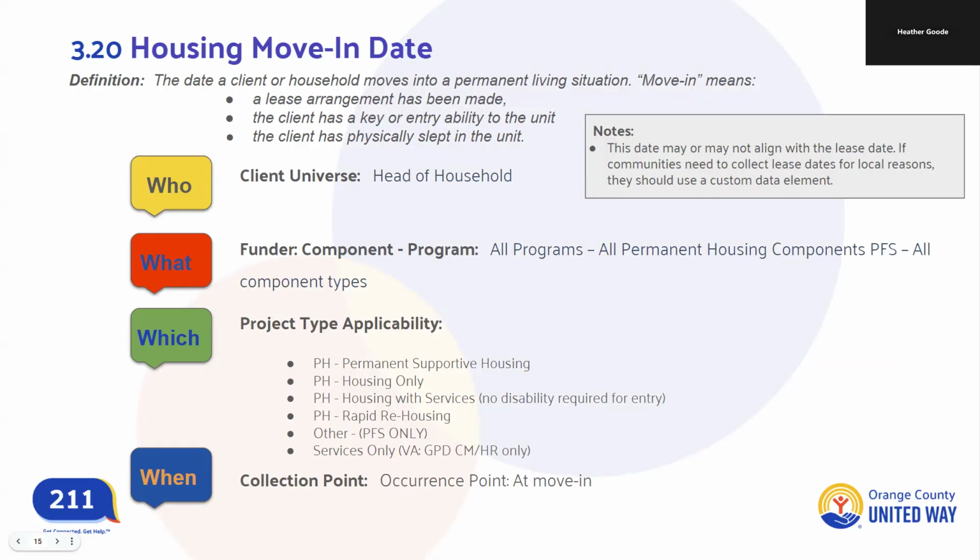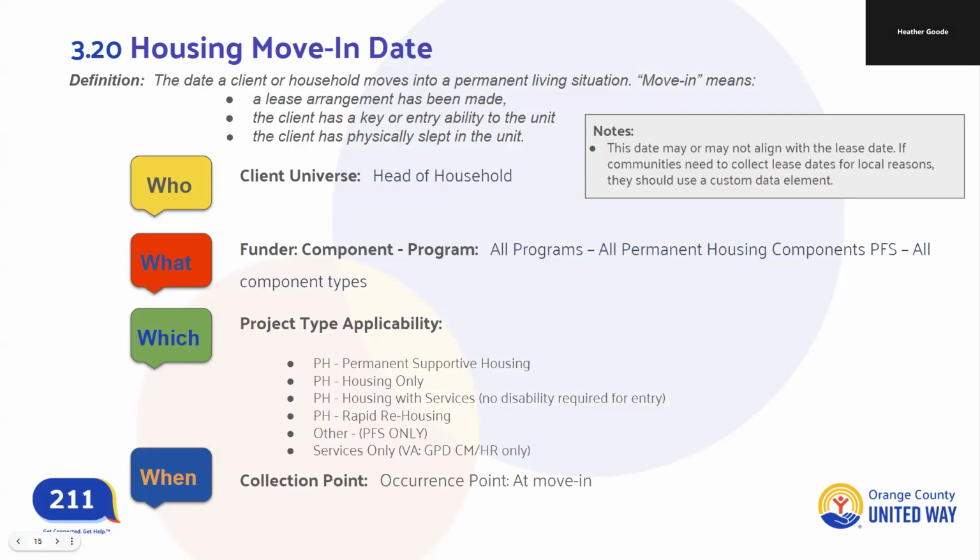So, for example, paired with 3.10 project start, it becomes possible to determine the length of time from project start to when housing placement occurs for clients accessing permanent housing.